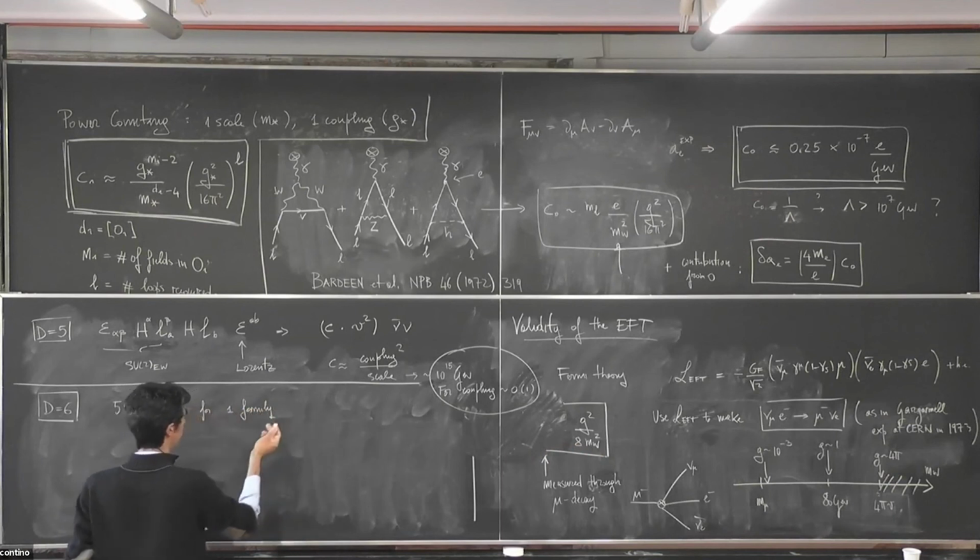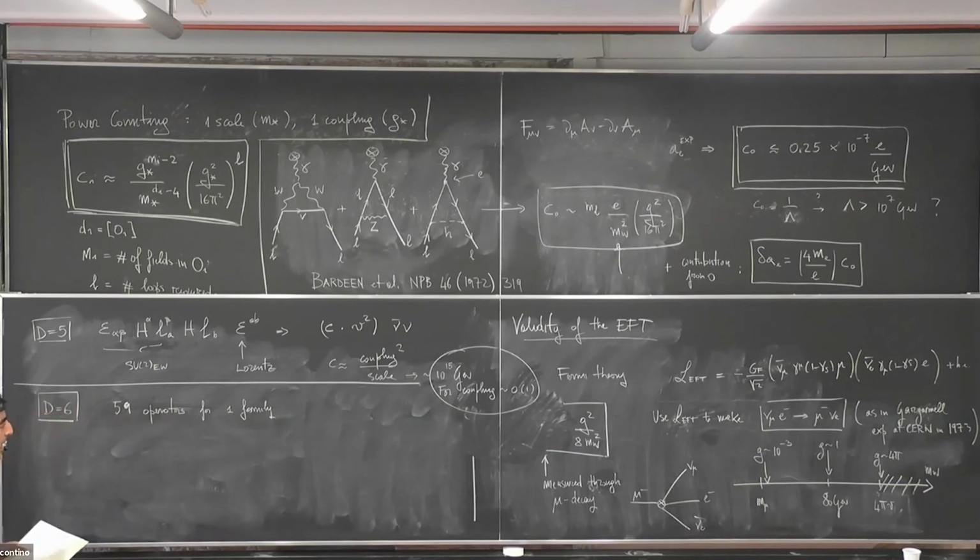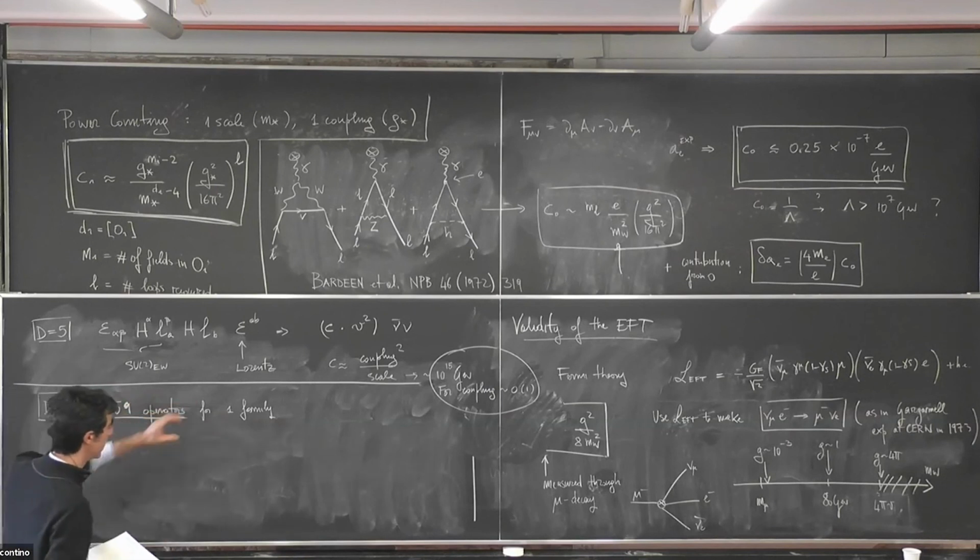Of course, in the standard model there are 3 families, and each of these operators will have a flavor structure. But there are 59 operators with matrices as coefficients in flavor space.